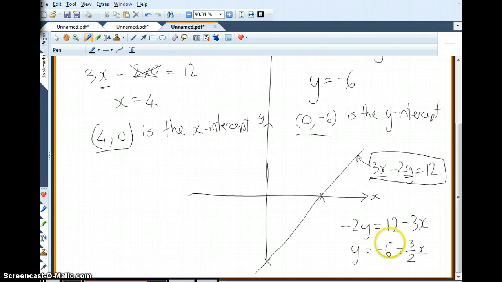Notice the number by itself is in fact the y-intercept, and the slope is positive, and for every 3 it goes up, it goes 2 across. It rises 3, runs 2. Rise 3, and runs 2. Okay, my axes are pretty bad, but trust me, it's a 3 over 2 slope.